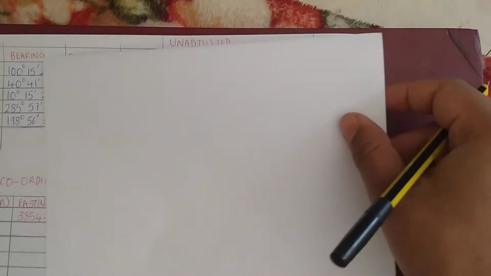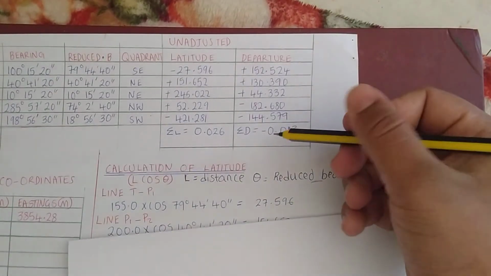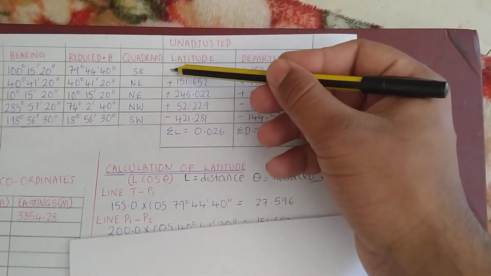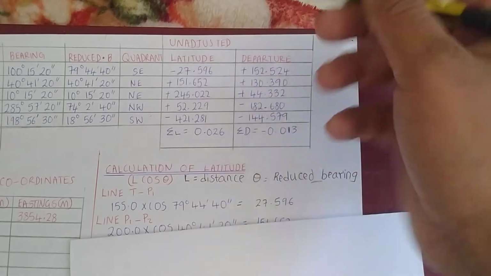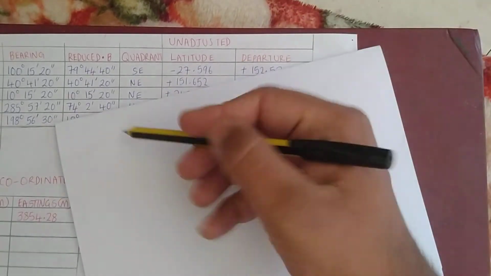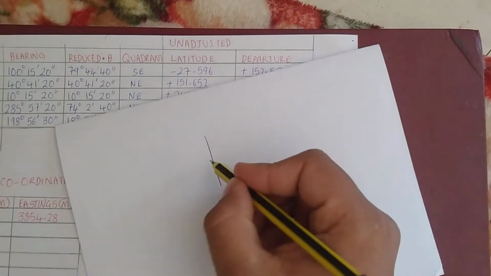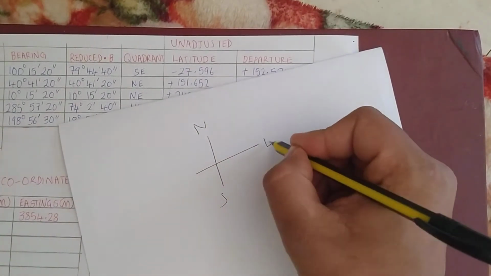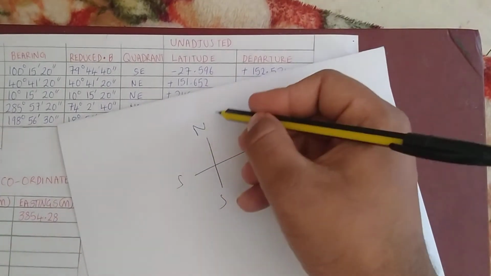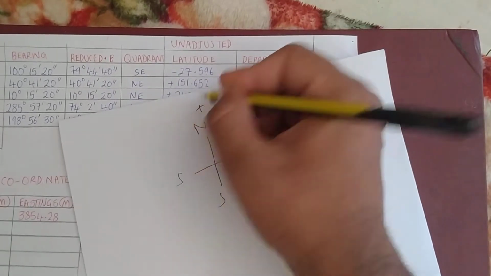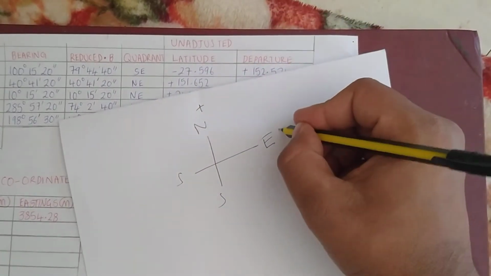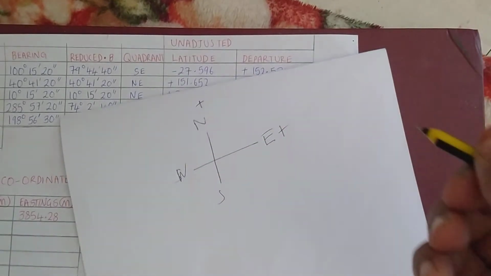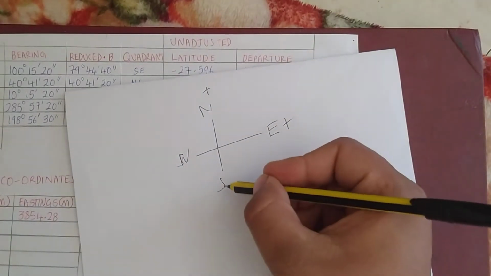I'll show you why I've put a negative here and a positive here. So let's draw. This is our north, our south, our east, and our west. North is positive because it's on the upper side, and east is also positive.